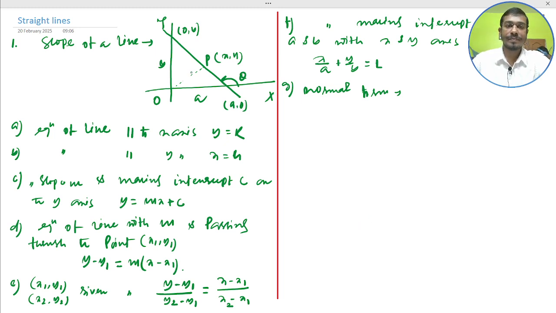This is p and that angle is alpha. So the equation will be x cos alpha plus y sin alpha equal to p.